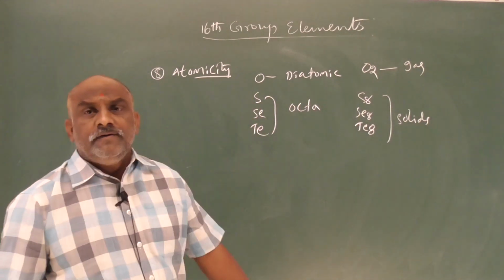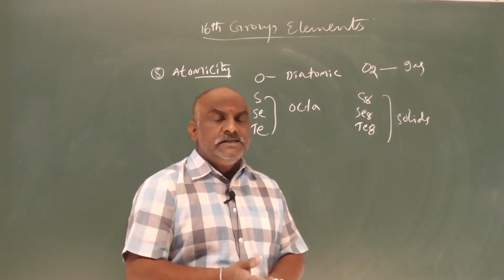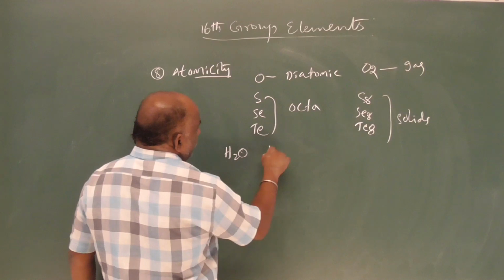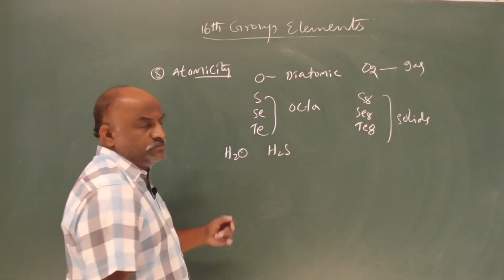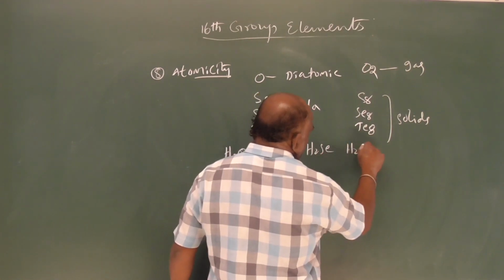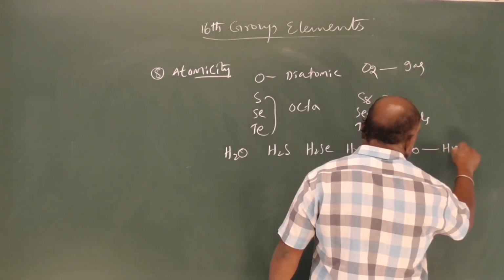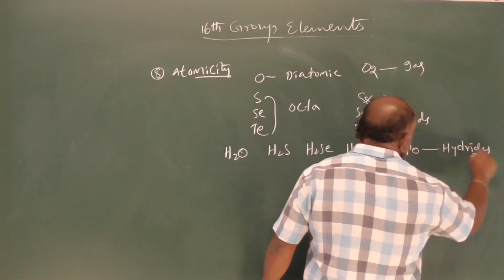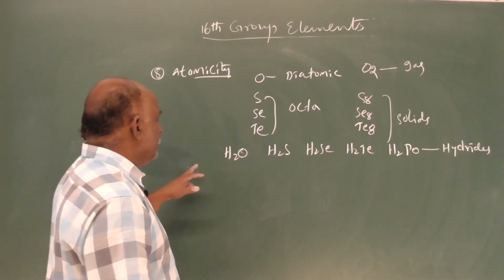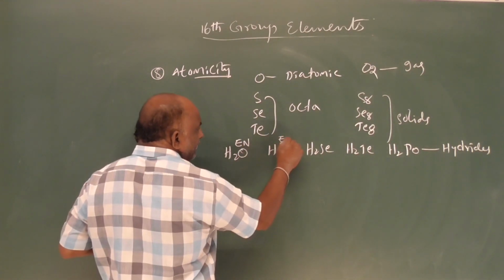Due to the higher electronegativity of oxygen, there is one important example regarding this electronegativity. Observe H2O, H2S, H2Se, H2Te, H2Po. These are named the hydrides of 16th group elements. Oxygen's electronegativity is high, sulfur's is less.